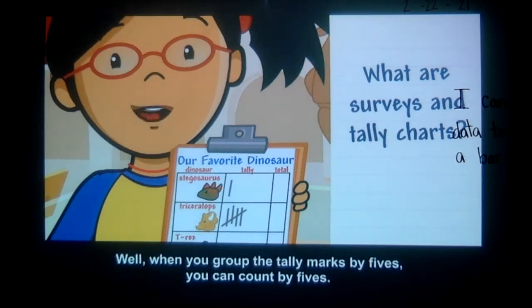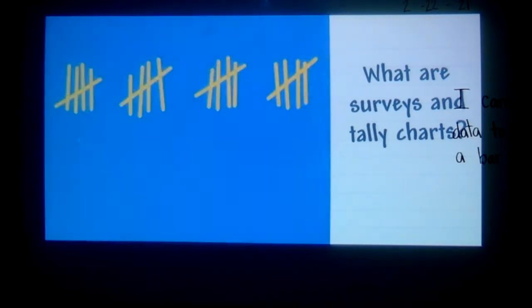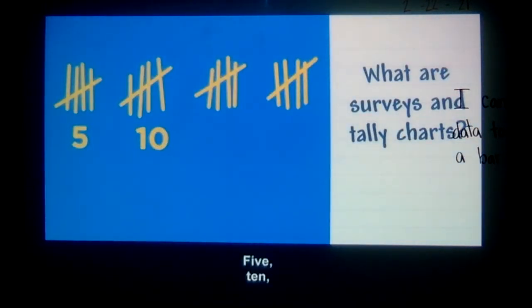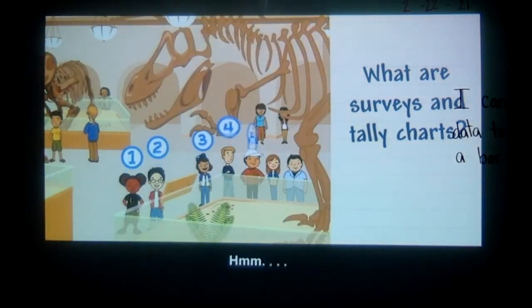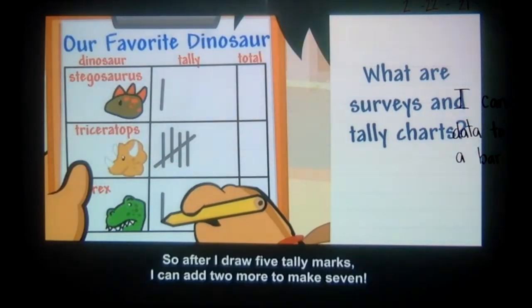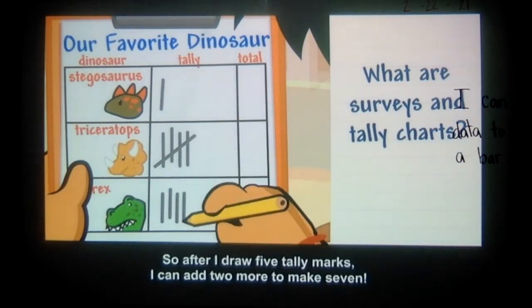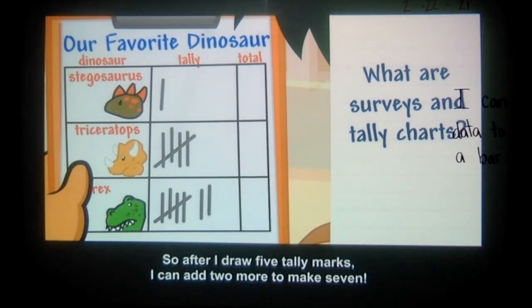When you group the tally marks by 5s, you can count by 5s. 5, 10, 15, 20. Sets of 5s are easier to count. 7 kids like the T-Rex. So after I draw 5 tally marks, I can add 2 more to make 7.